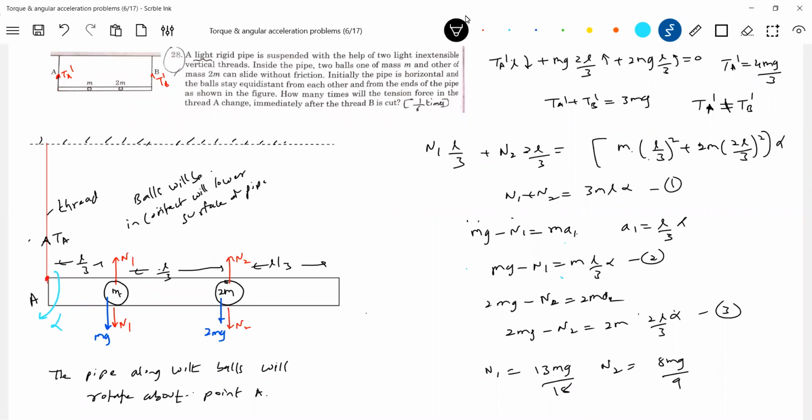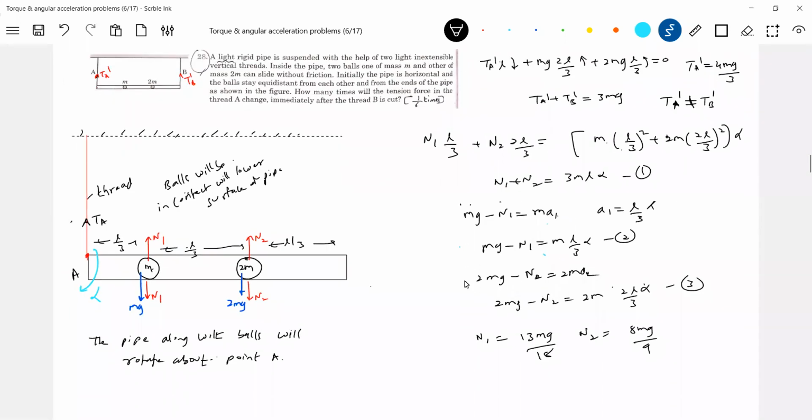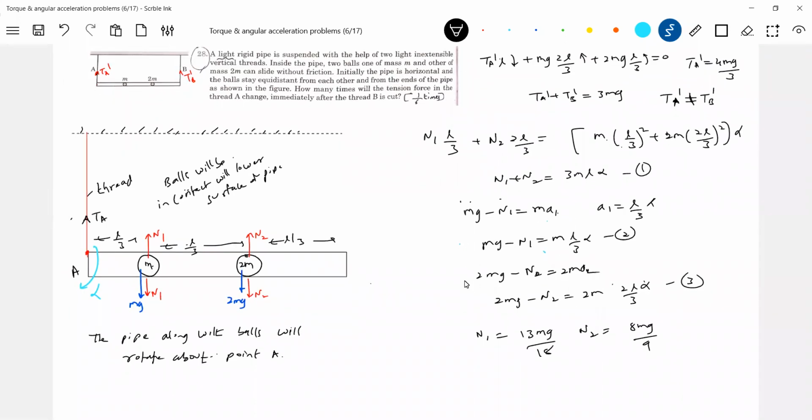After getting this, what about the pipe? The pipe is light, so the net force on the pipe should be 0, as it is light or massless.